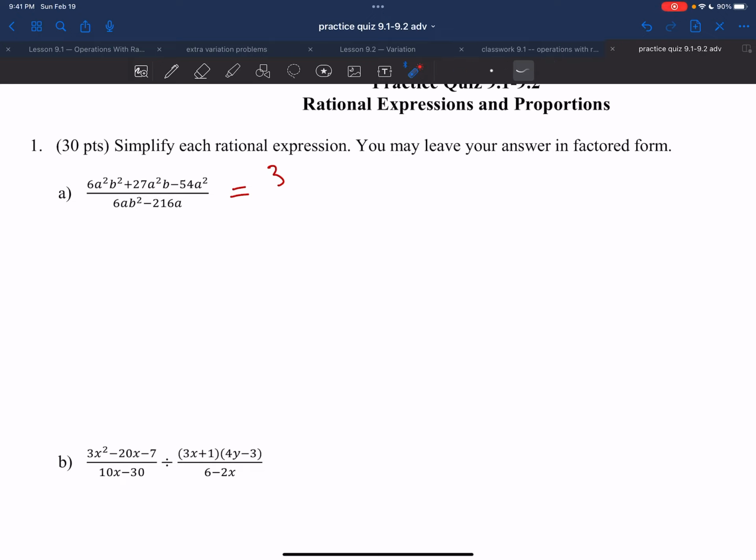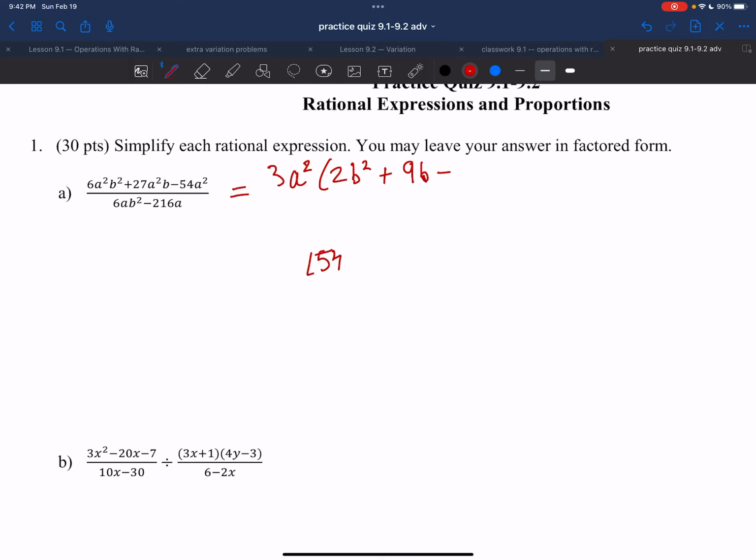But I also have a squared in all three terms of this trinomial. So I'm going to actually factor out 3a squared. And then what's left inside is, well, 6 is 2 times 3, so that's 2b squared, plus I factor 3 out from 27, that's 9b, and then minus, let's factor 3 out from 54.